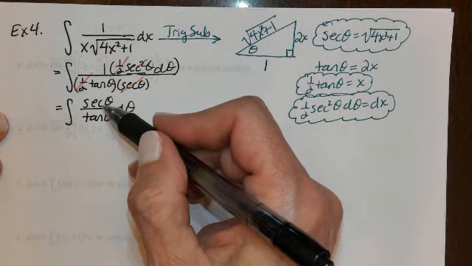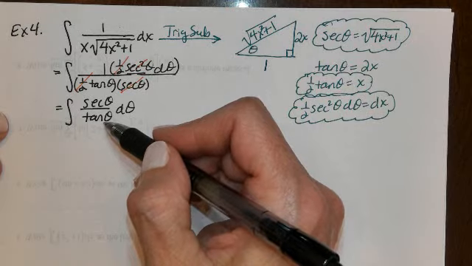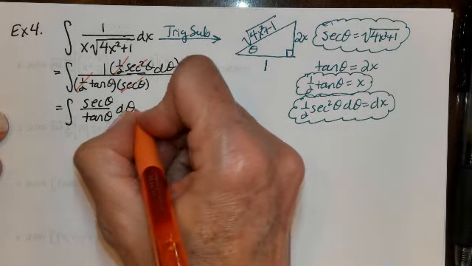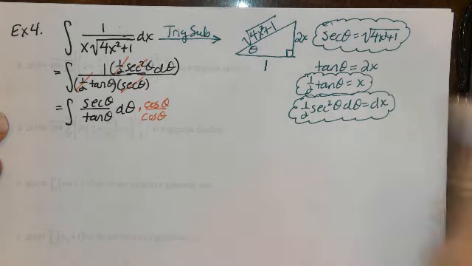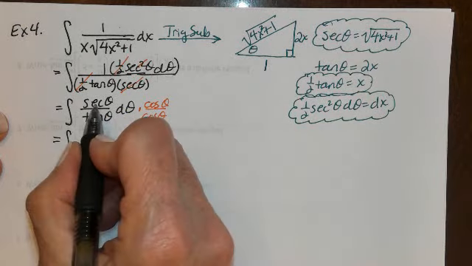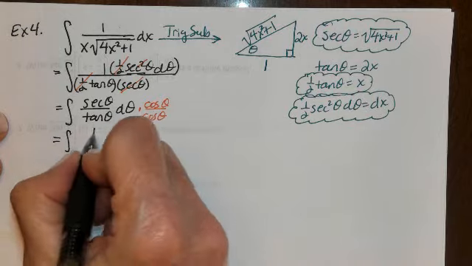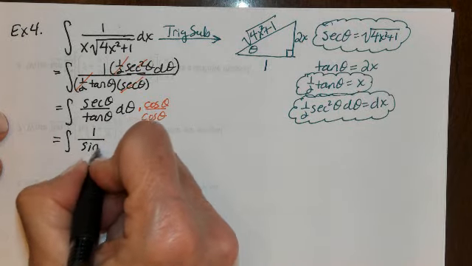Secant theta is 1 over cosine. Tangent theta is sine over cosine, right? So if we multiply by cosine over cosine, it's going to be very helpful, because secant theta times cosine theta is 1. Tangent theta times cosine theta is sine theta.